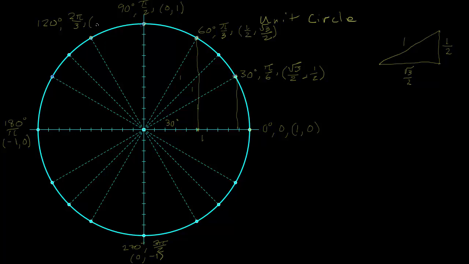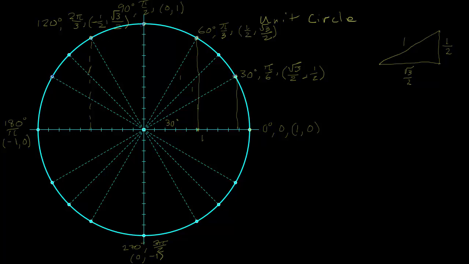And the coordinates are still negative 1/2, notice. I'm at negative 1/2 and a positive √3 over 2.